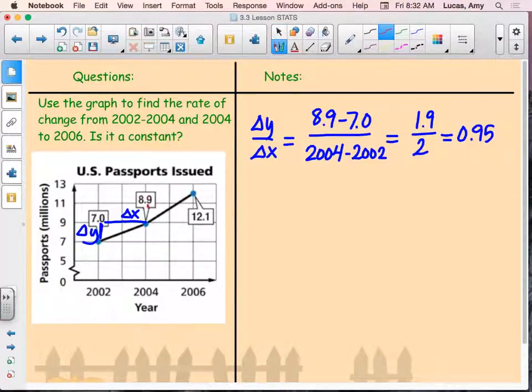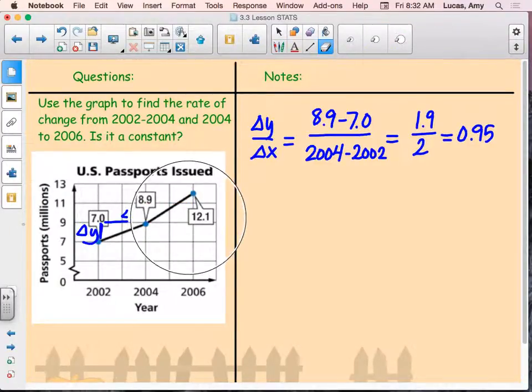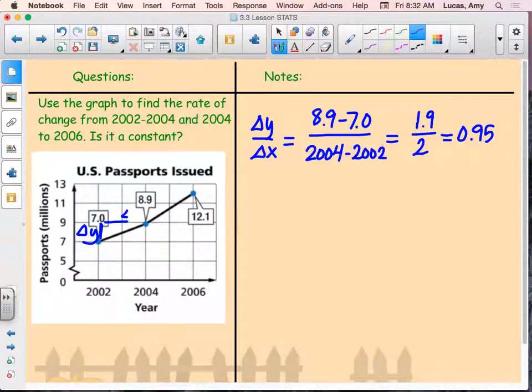My second interval, oops, that wasn't very good. Here's my first one. So my second one's got to come up higher like this.